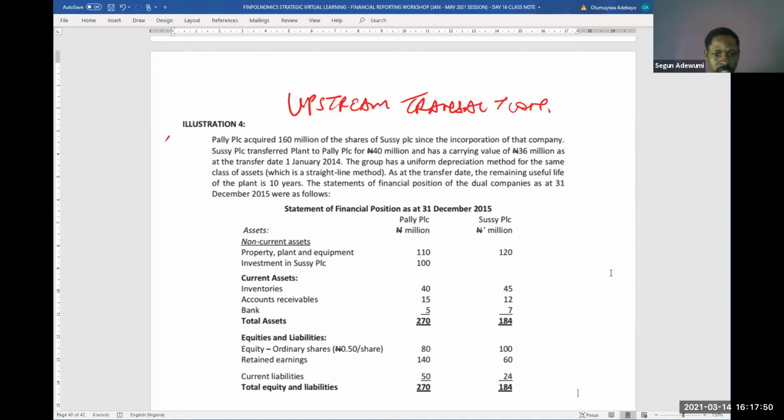Total assets 270 for Pali and 184 for Suzy. Ordinary share capital at 0.5 naira per share is 80 for Pali and 100 for Suzy. Retained earnings 140 and 60. Current liabilities 50 and 24. Total equity and liabilities 270 for Pali and 184 for Suzy.